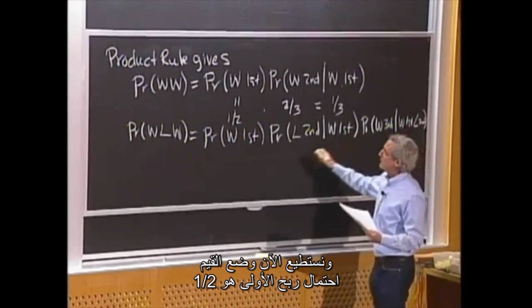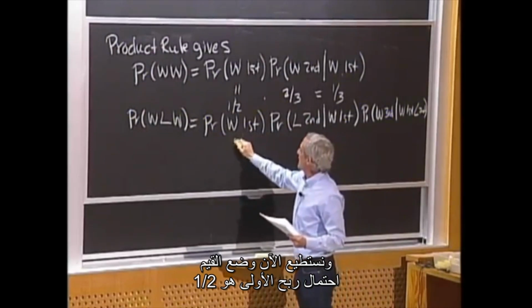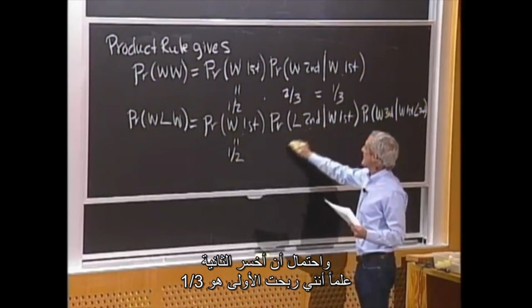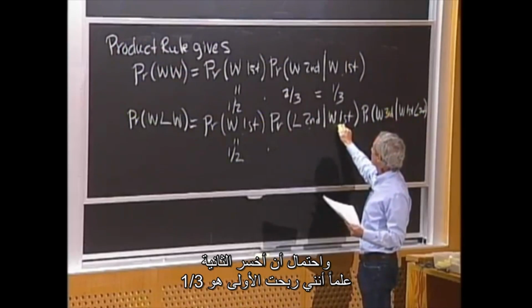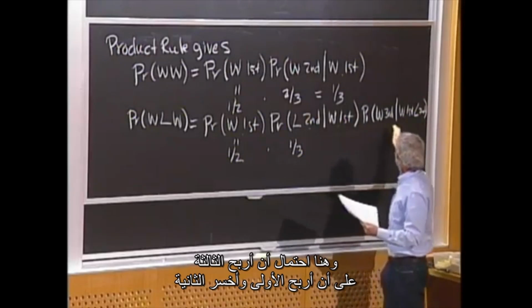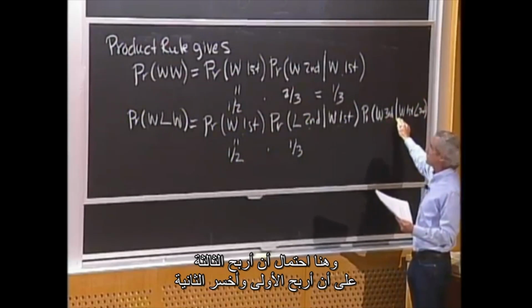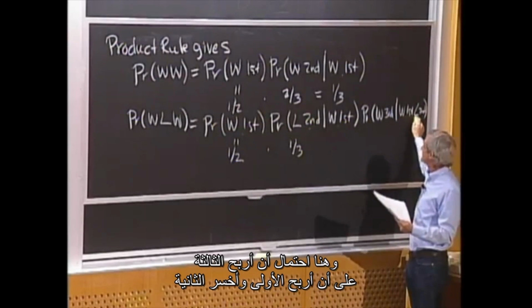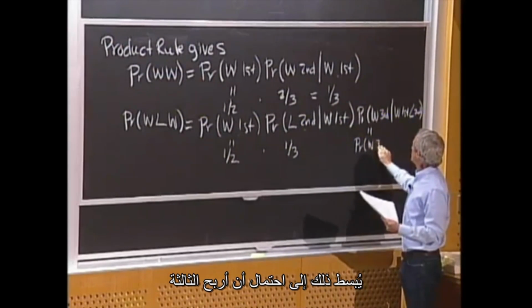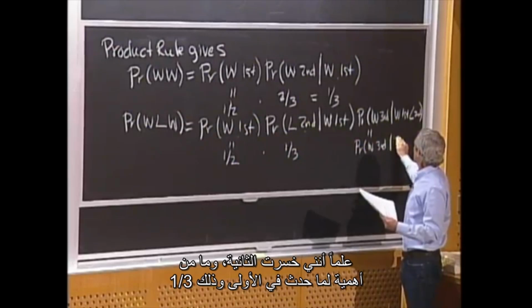All right, well, now we can fill in the numbers. The probability I win the first is 1/2. Probability I lose the second, given that I won the first, that's 1/3. And then this one here, the probability that I win the third, given that I won the first and lost the second, that simplifies to the probability I win the third, given that I lost the second.